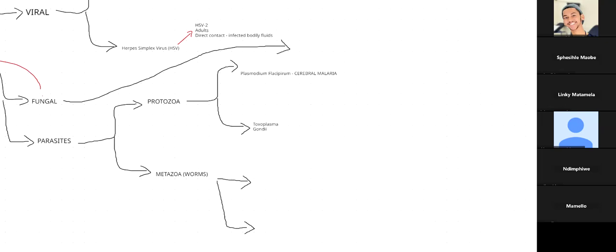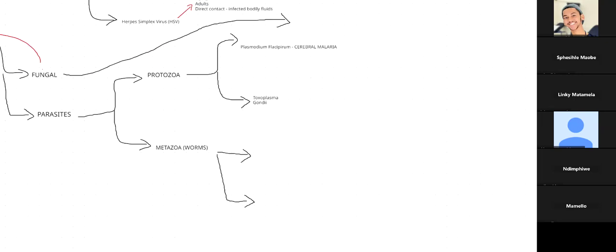And then the metazoa, the worms, you have flatworms and roundworms. With the flatworms, a very important one is Taenia solium, and Taenia solium is what causes neurocysticercosis.